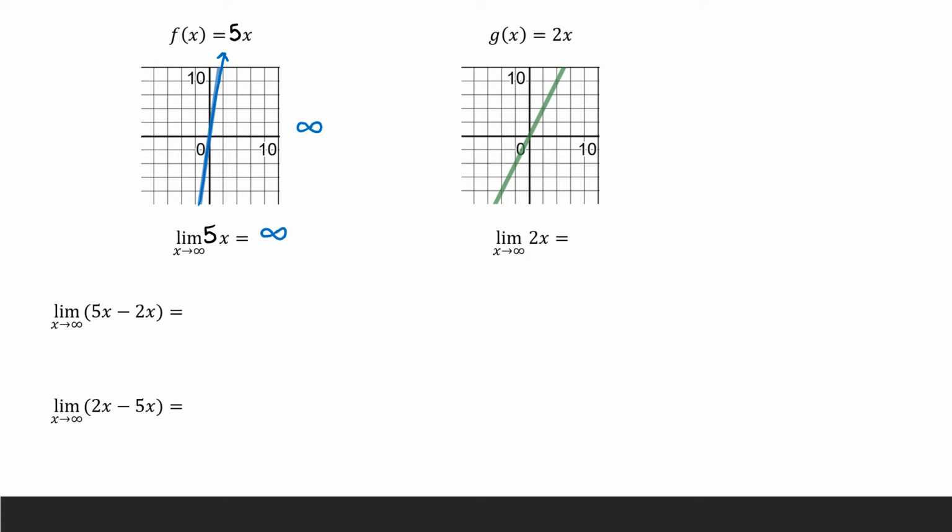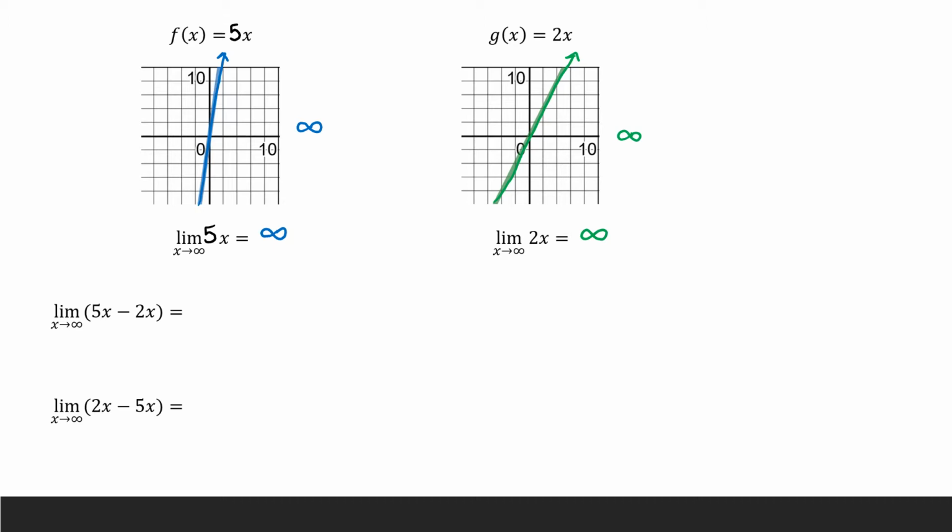And if we look at g of x is equal to 2x, as x approaches infinity, that 2x is also approaching infinity. But these look a little different. They both approach infinity, but this 5x is much steeper than this 2x.